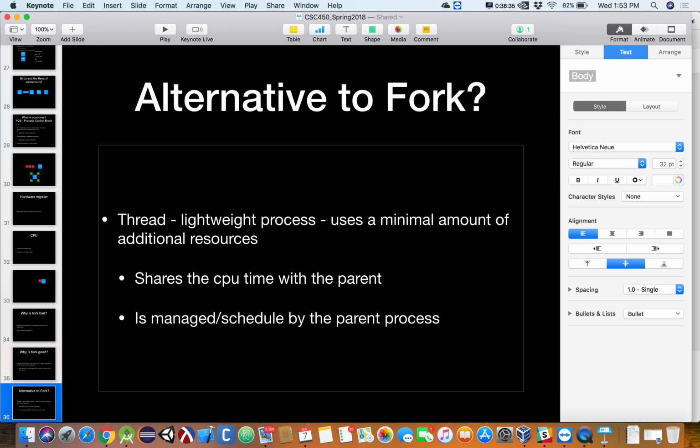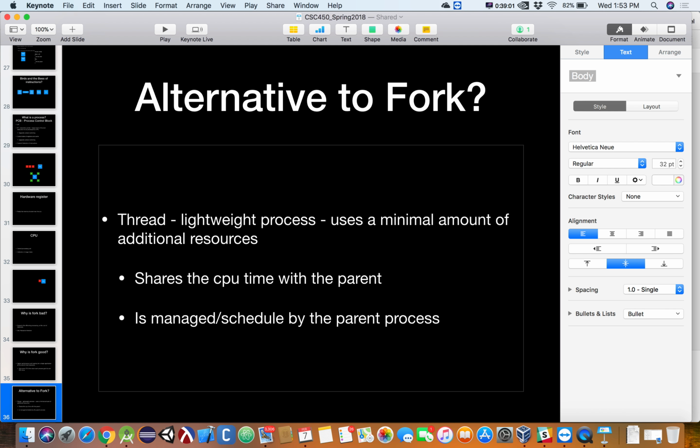So if you have a parent process that spawns two threads, let's say the parent process gets 5 seconds on the CPU. It's way more than it would get, but let's just use that as our numbers. That parent process has to decide how much of their 5 seconds they're going to give to each of those threads. That make sense?